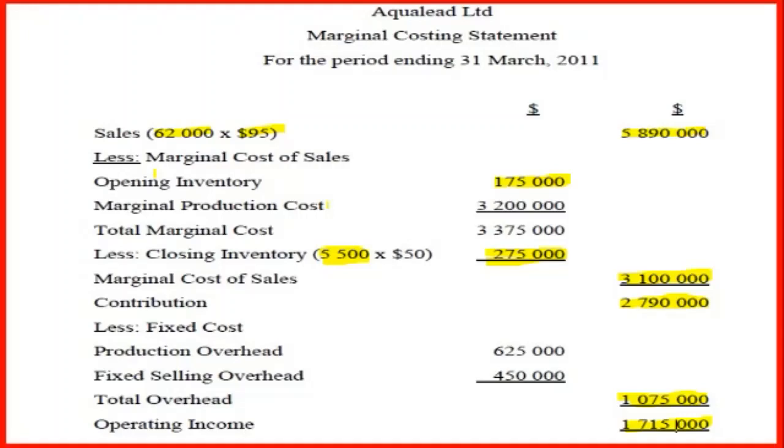What I wanted to notice with these problems for Unit 2, they're not very difficult. Okay, once you know the concepts, like here, once you know the sales minus the marginal cost of sales gives you the contribution, and then from that you minus the fixed cost. Okay, you get your operating income, and that's at the end of the statement.